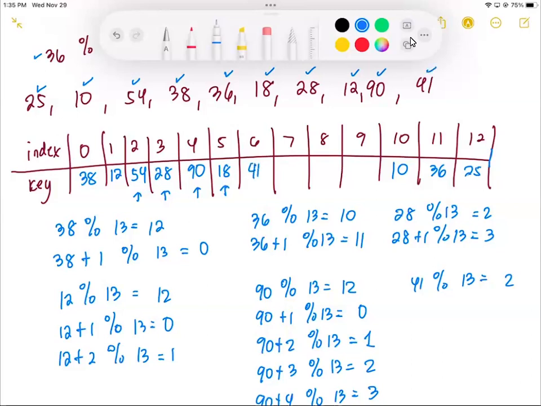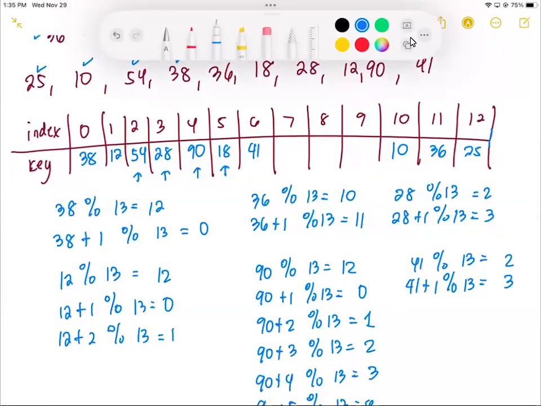So what did we do? How did we do the linear probing? We initially add 1 to look for the next slot. So 41 plus 1 modulo 13 will be equal to 3, and it's not empty. Then 41 plus 2 modulo 13 is equal to 4, still not empty, occupied by 90.